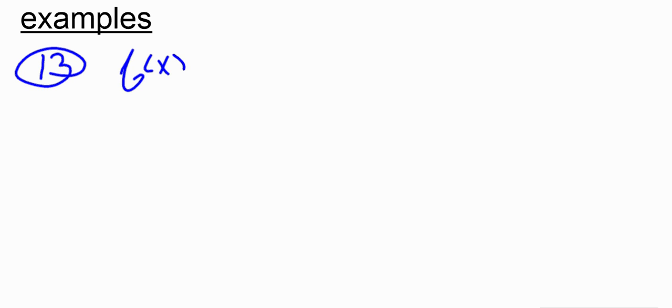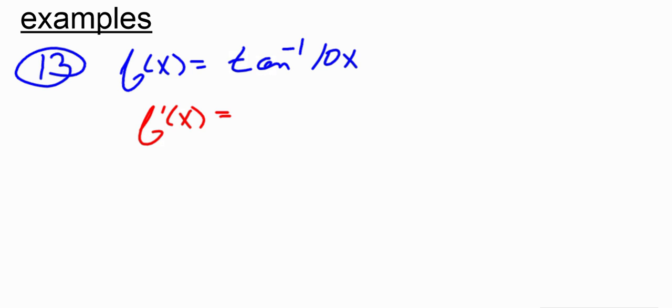Given the function tangent inverse of 10x, we can see that its derivative in parent function form is 1 over the quantity 1 plus x squared. But remember, we don't have just x.